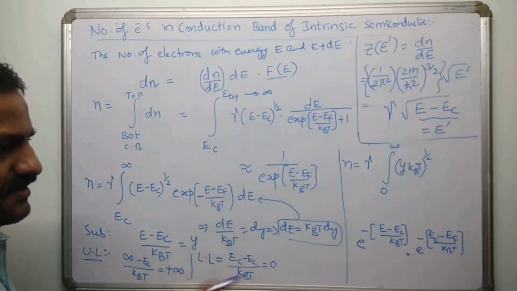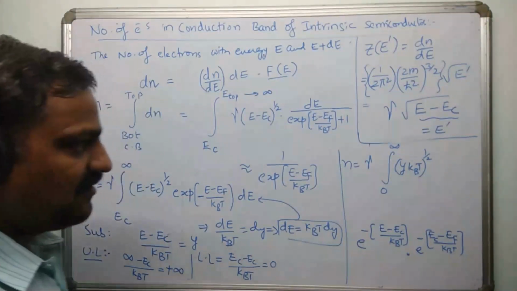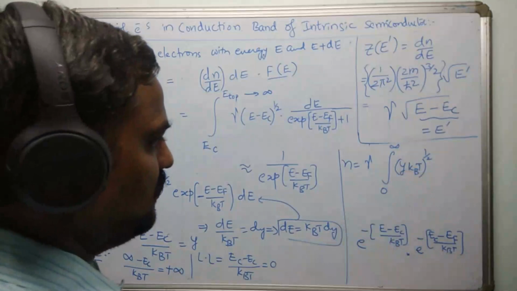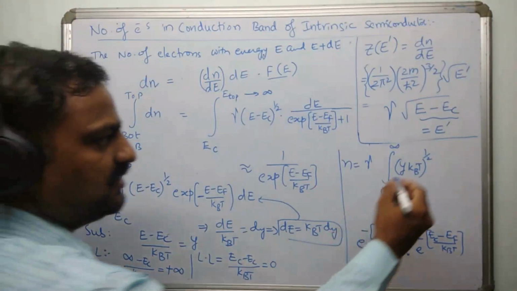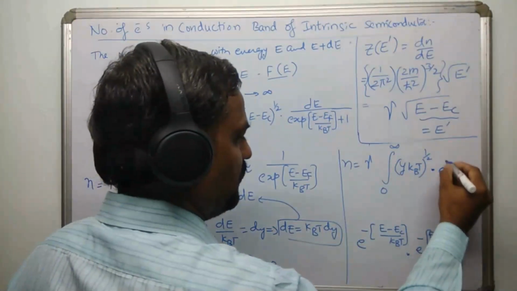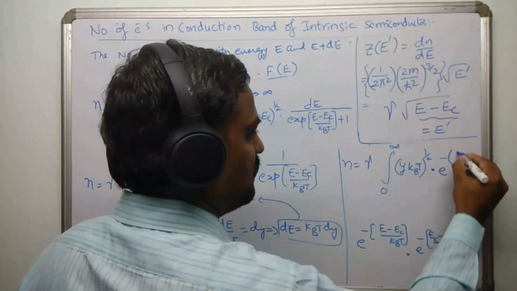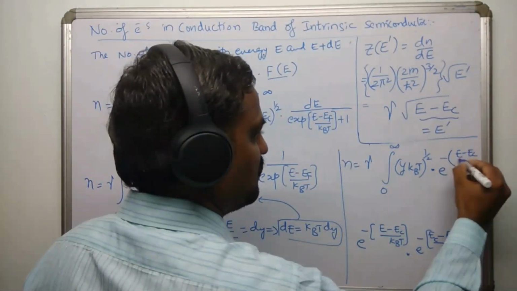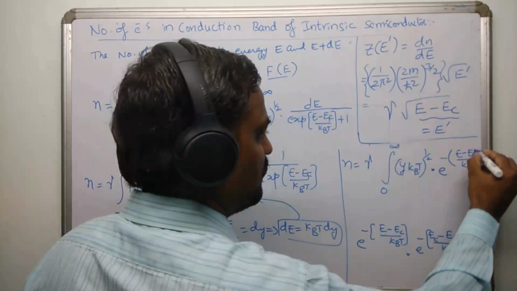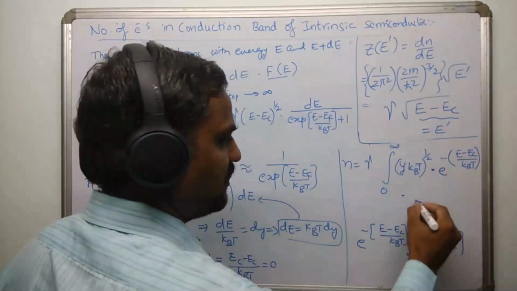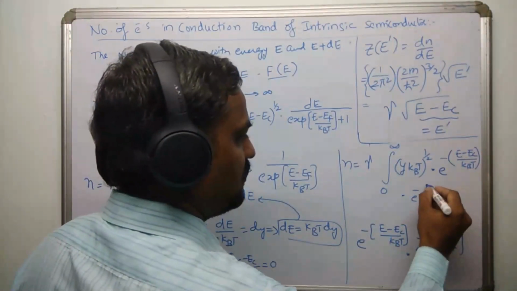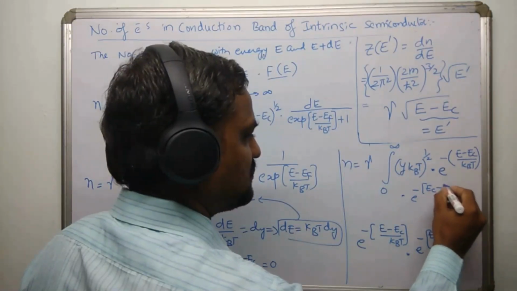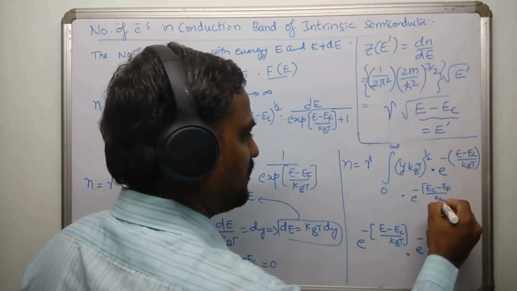So we are back with the term. I will write this term here for the integral, into e power minus of E minus EC by kBT, into, continuing the integral, e power minus of EC minus EF by kkBT.